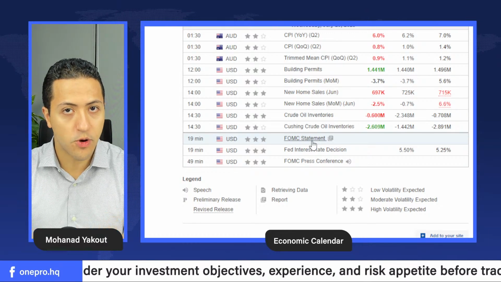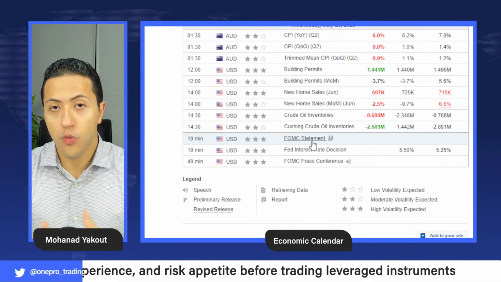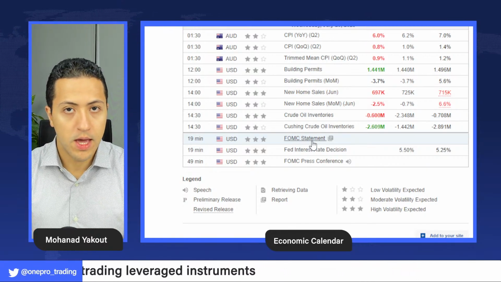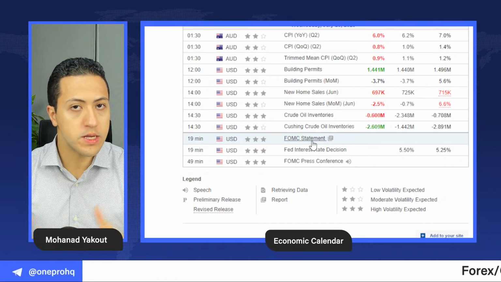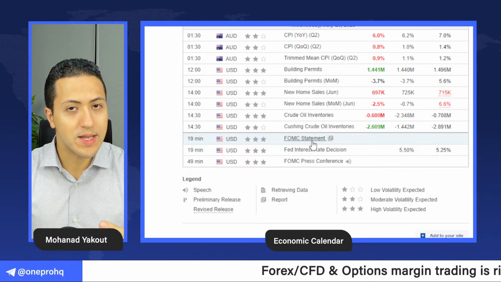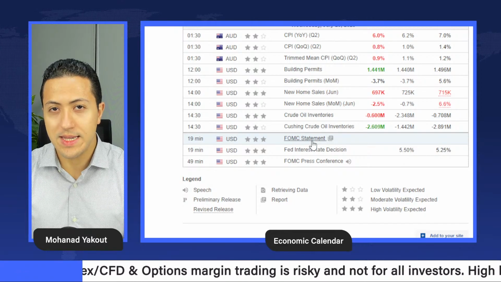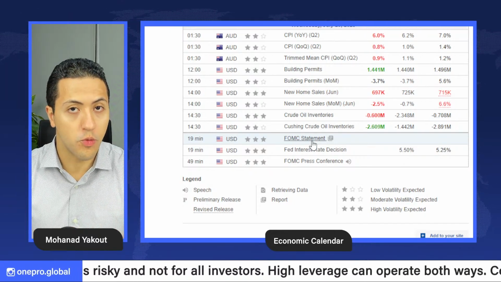Included in this FOMC statement is always an explanation of why they took this decision for the monetary policy at that exact time in the US economy, and sometimes it provides some forward guidance. Sometimes it includes that we will have more interest rate hikes in the future, or sometimes they say that we will not be looking for more interest rate hikes.